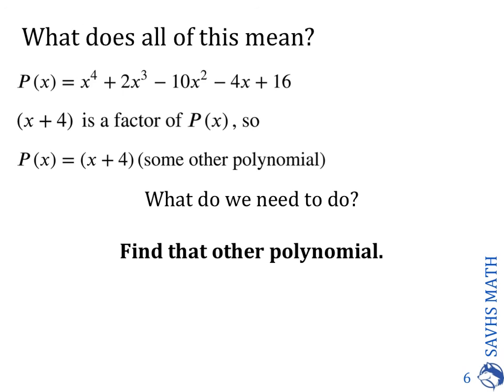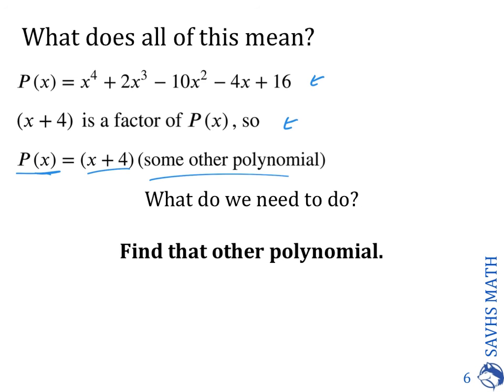Well, like we said on the last slide, we know that p of x looks like this, and we know that x plus 4 is a factor of p of x. So we must be able to rewrite p of x as x plus 4 times some other polynomial. The thing that we have to do then is figure out what that other polynomial is.